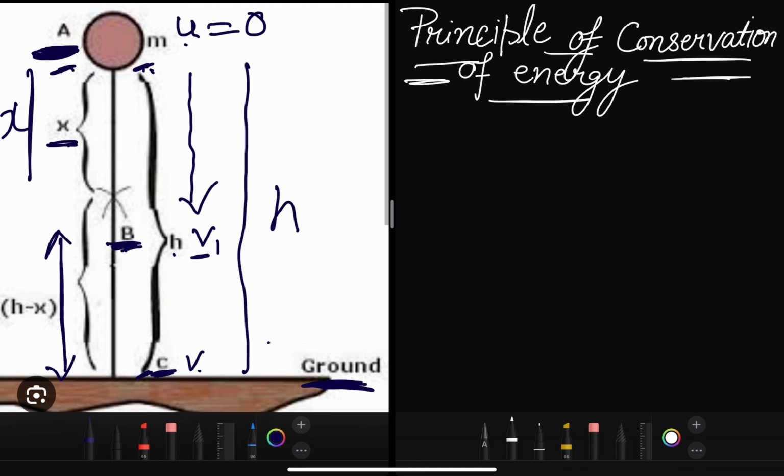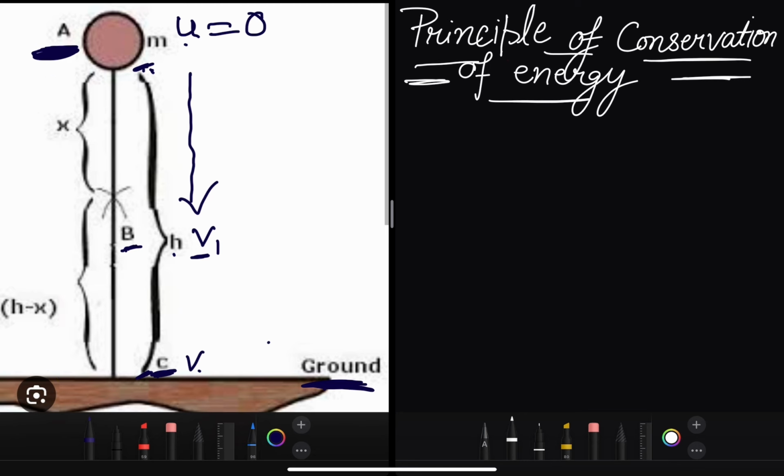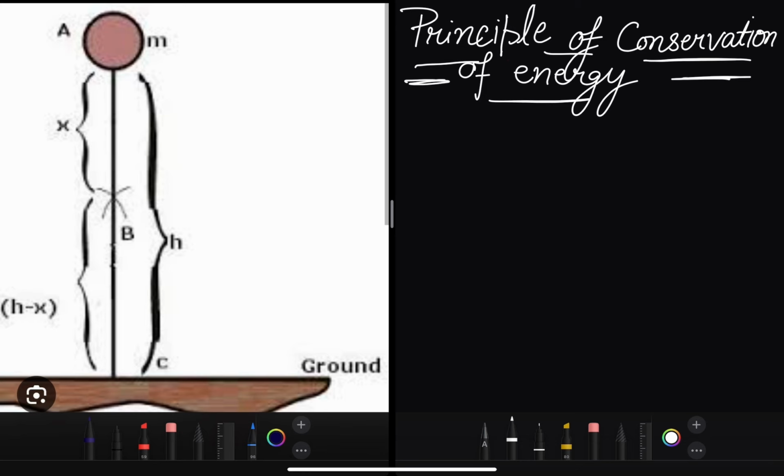Let's again recall all the things one by one. First of all, there is one ball which is falling freely under the action of gravity. When it is falling freely, the initial velocity of the ball at point A will be 0.